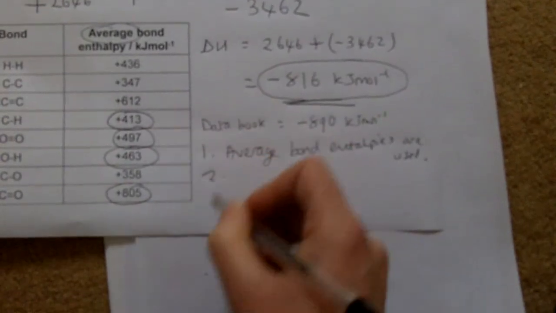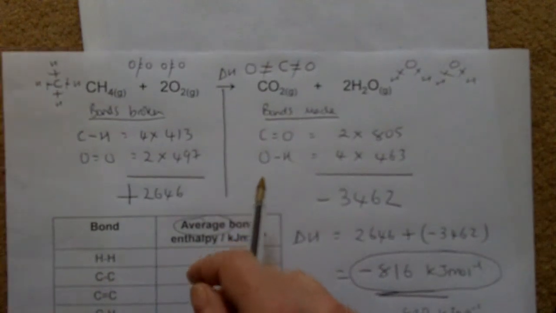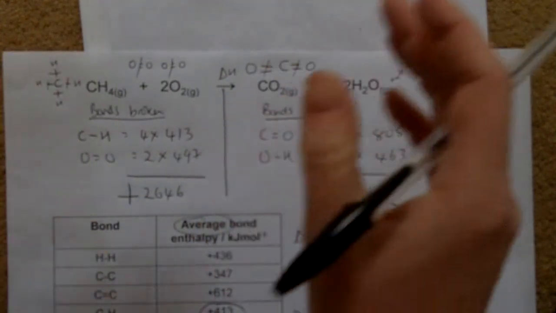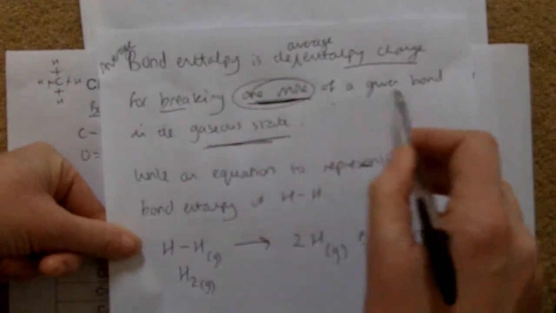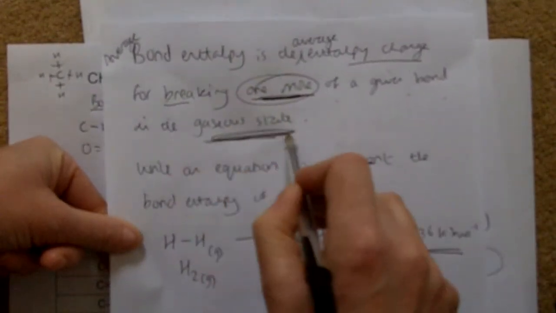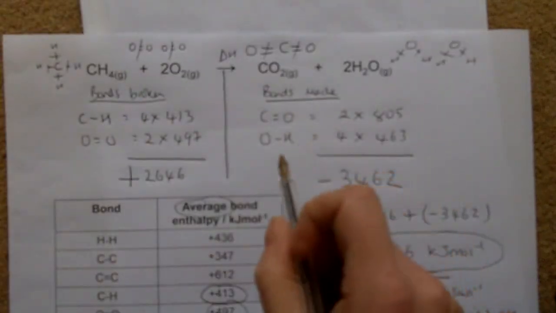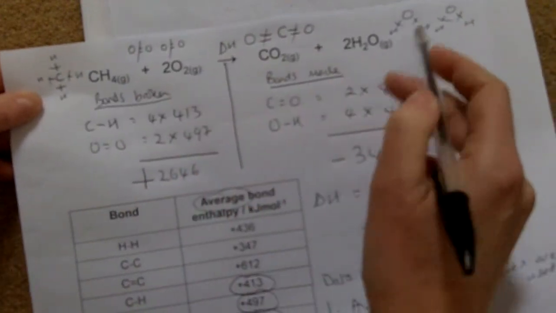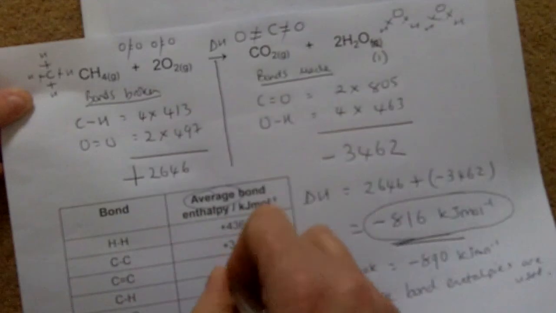And then second, we're assuming that everything is in the gaseous state. Remember the definition: bond enthalpy is the enthalpy change for breaking 1 mole of a given bond in the gaseous state. So bond enthalpy assumes that everything is in the gaseous state. But in this example, I know it looks like everything's gaseous, but for the enthalpy change of combustion, the water should really be liquid, shouldn't it?